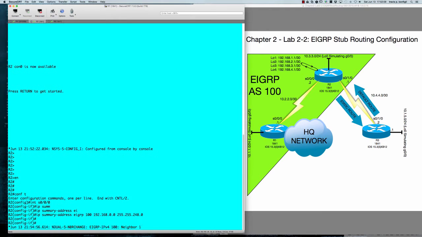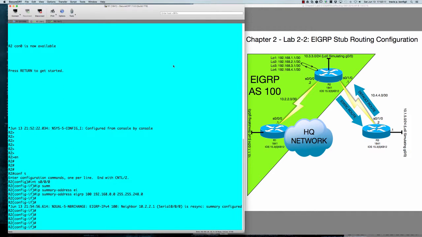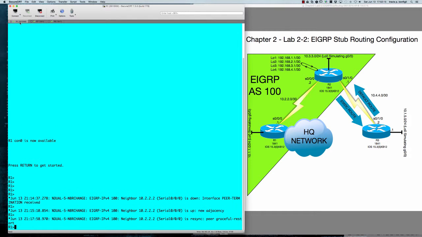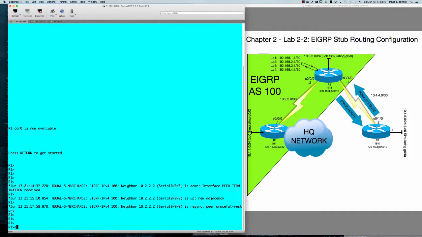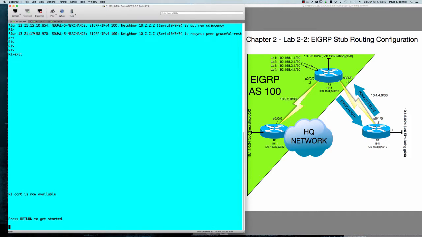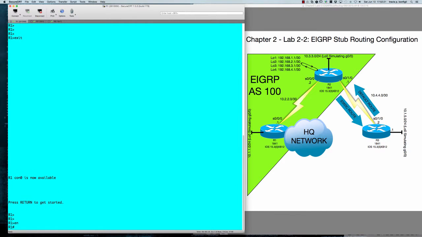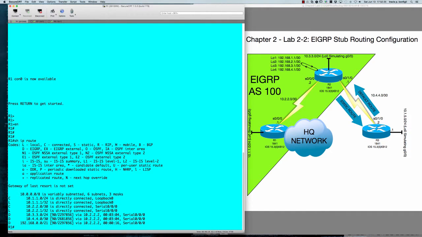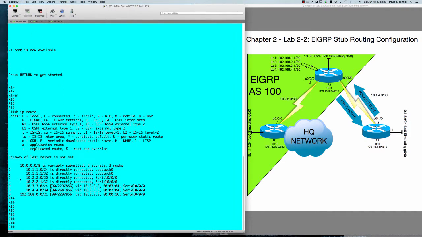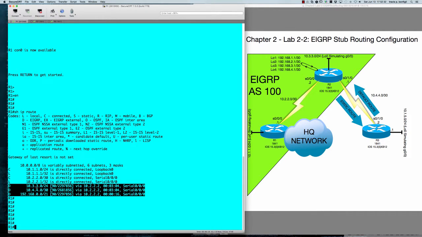We're not really interested in the summaries, but we want to make sure we have it in there, because this is right up to the point where we're going to see the behavior that we would expect to see. If I'm in privileged exec and I say show ip route, let's take a look at our routing table right now. As you can see, we have 3 EIGRP originated routes.